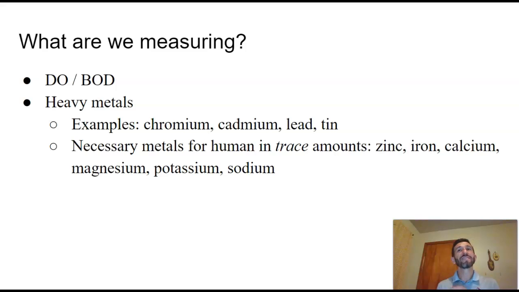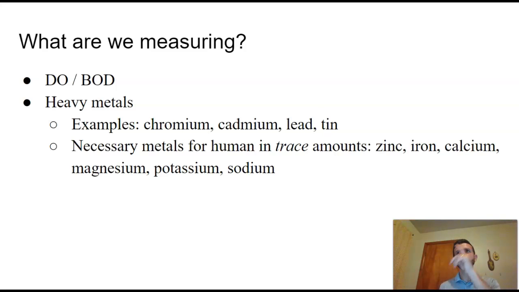Dissolved oxygen. You can test for the dissolved oxygen in water, which is an indirect way to measure for BOD. Okay, and then also heavy metals. So if you look at a periodic table, your heavy metals tend to be in the center or towards the bottom. Okay, it's not true of all of them, but a lot of them. So like chromium, cadmium, lead, tin, those are not good metals that we want to have in our system.